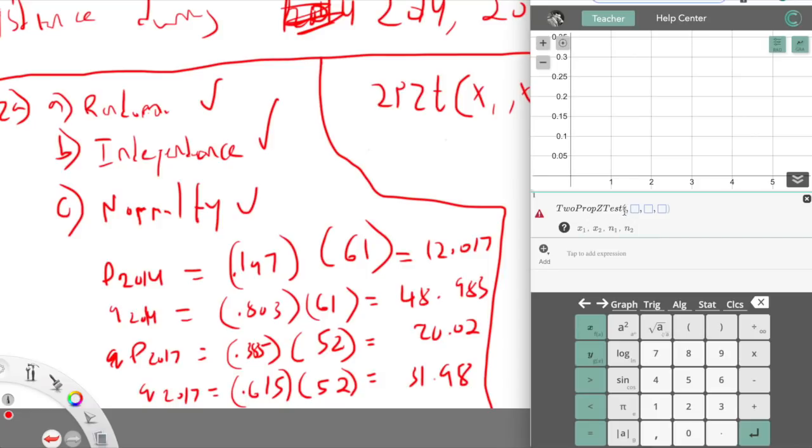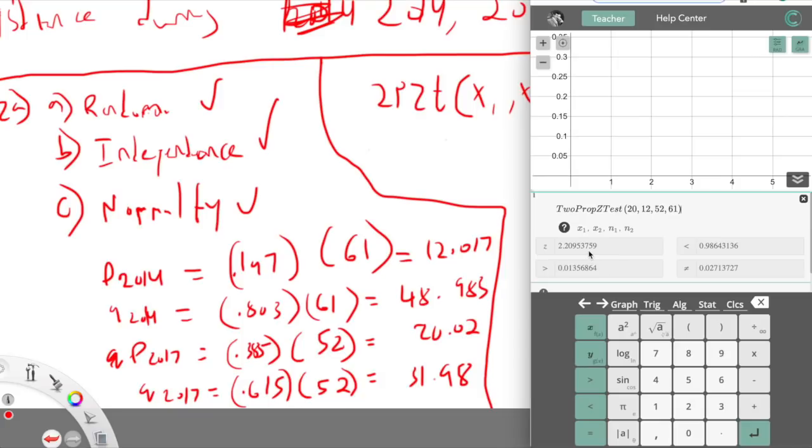So we plug our numbers in: 20, 12, 52, 61. So 20 quote unquote successes out of 52 for 2017, and 12 out of 61 for 2014. That gives us a z-score of 2.209.